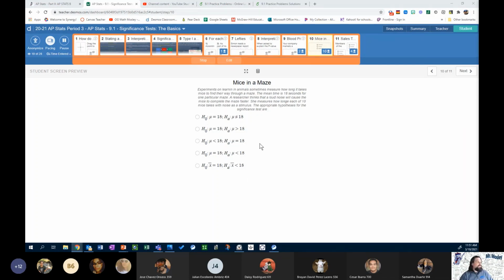So mu will be equal to 18 for our null hypothesis, and we think it will be less than 18 for the alternative. So the fourth option, H sub 0: mu equals 18, H sub a: mu is less than 18, are our two hypotheses, because if they're going through the maze faster, they're doing it in less than 18 seconds.